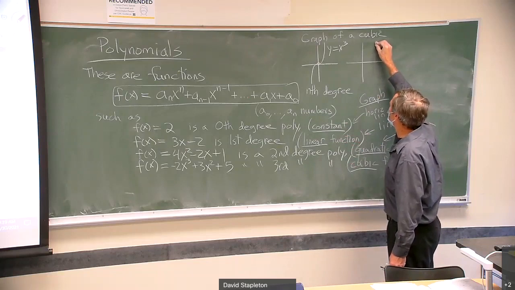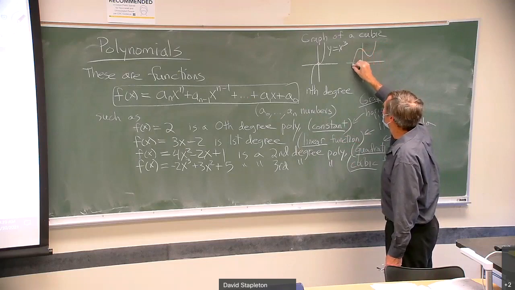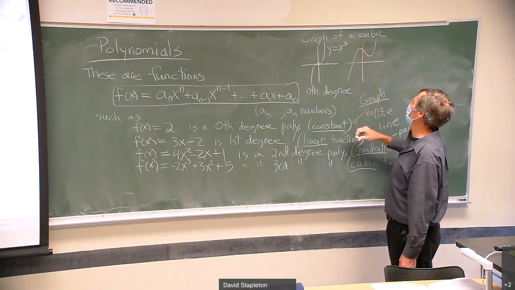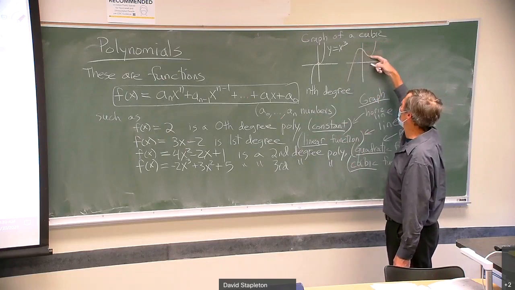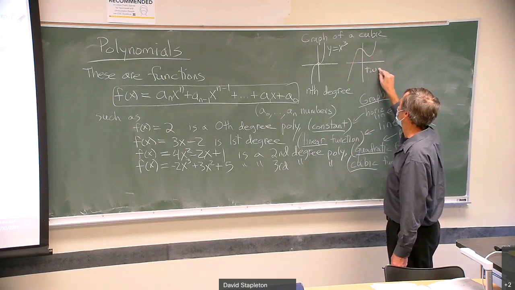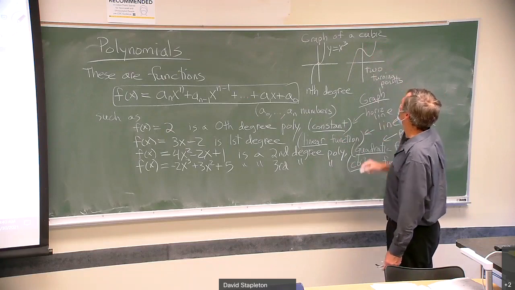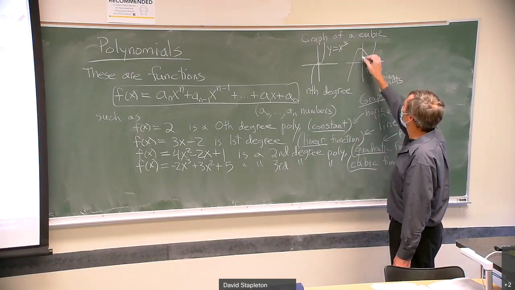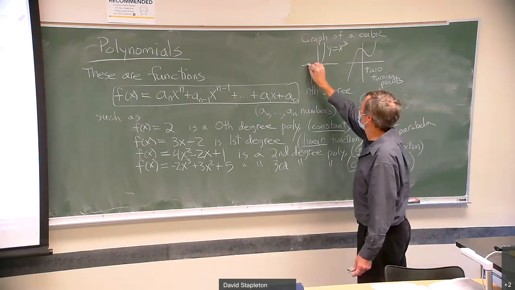You can get something that looks like this. And what you have is two turning points where it's going from up to down and back to up, two turning points. Or you can have zero, with a tangent line, a horizontal tangent.